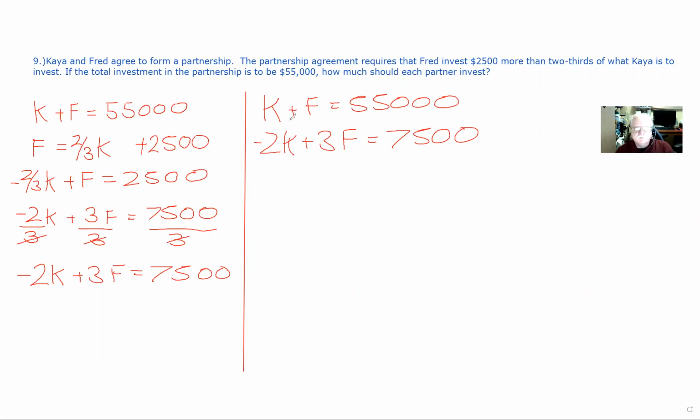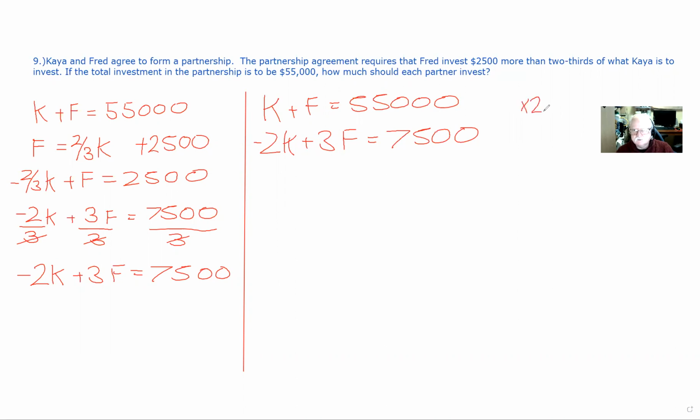So we've got to multiply this top equation either by a +2, and then the K's would disappear, or a -3. Well, I'm going to go for 2, just because it's a smaller number.